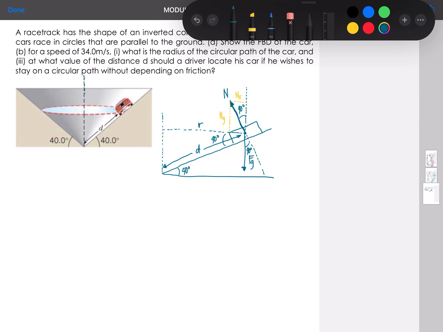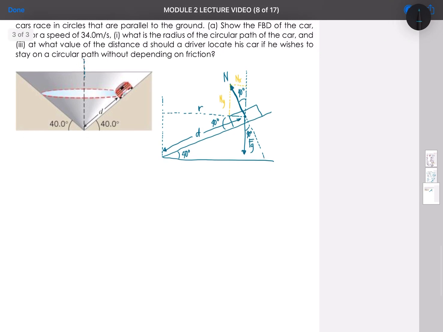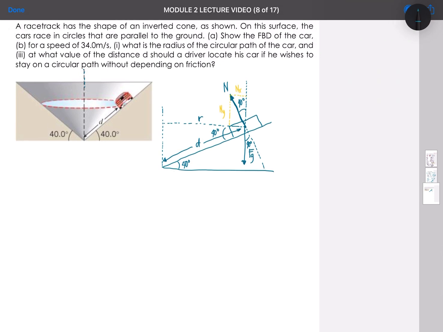Alright. And so una, we are going to solve for the radius and then the distance d. And so in this case, meron tayong dalawang unknown, and so we'll again have two equations.